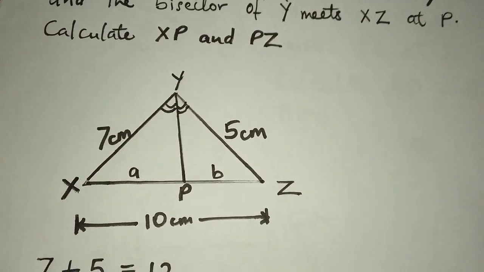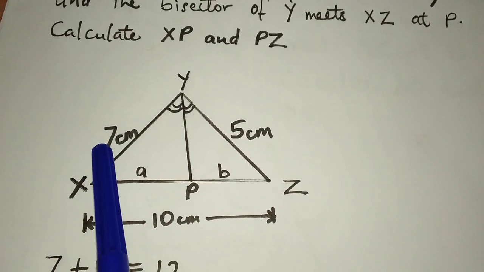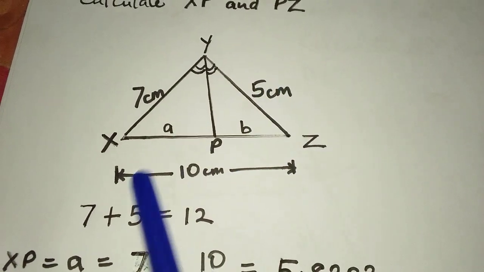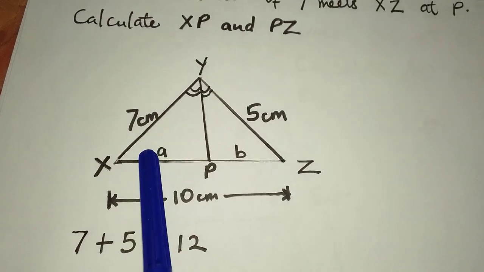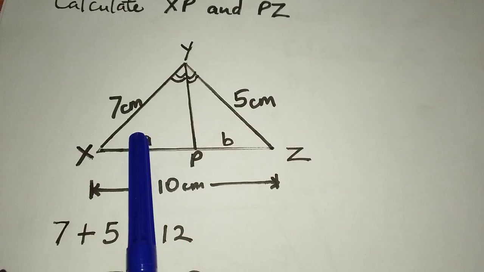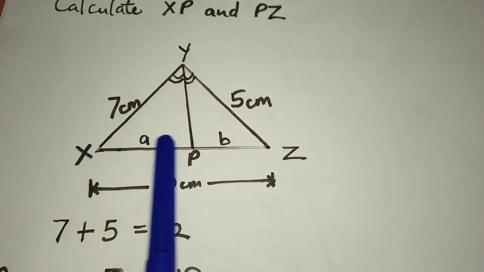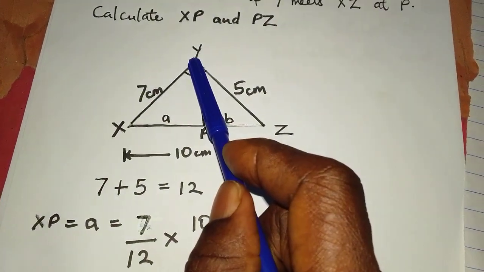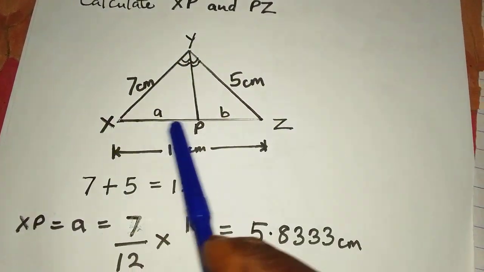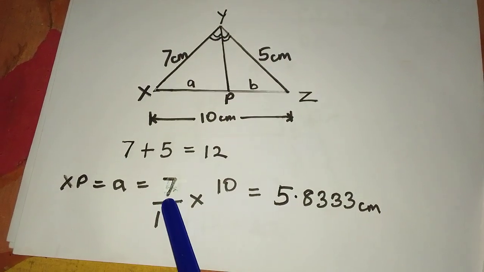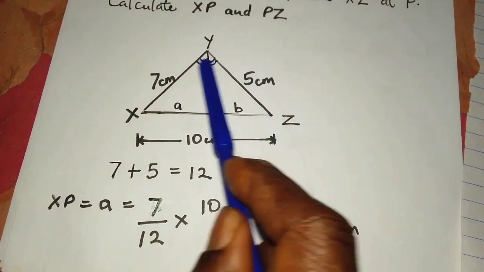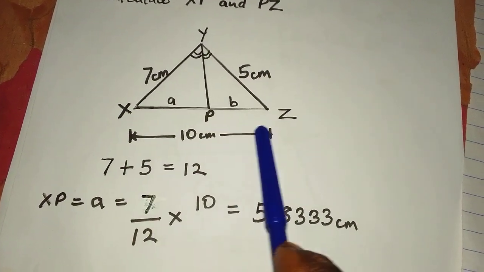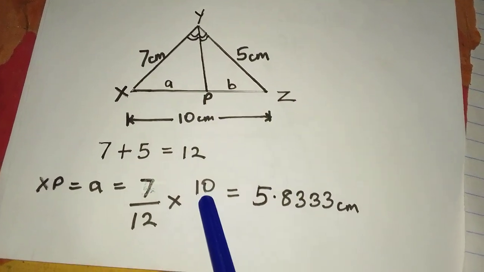To do this, first of all, add these two lengths of the triangle together. So 7 plus 5 gives us 12. Now to look for XP, which is represented by this A, you can see that 7 is on the side of this A. So you write 7 over the addition of these lengths, that's 7 plus 5, which is 12, times the full length of this third side, which is 10.